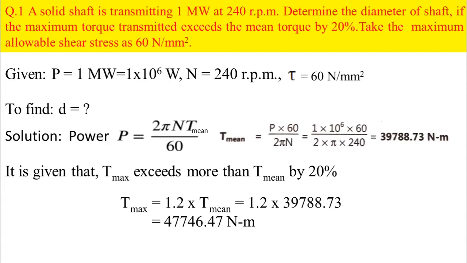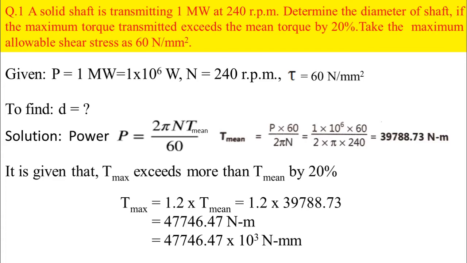Therefore T max is equal to 1.2 into T mean. From that we will get the T max, the maximum torque, in Newton meter, 47746.47. We have to convert it into Newton mm: 47746.47 into 10 raised to 3 Newton mm. Now we got the T max.